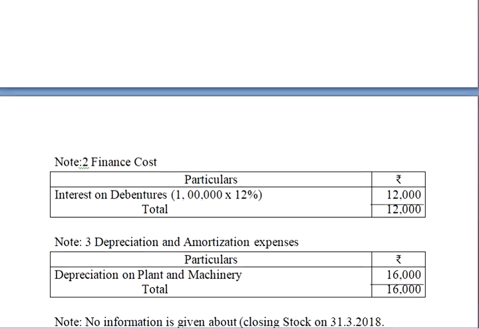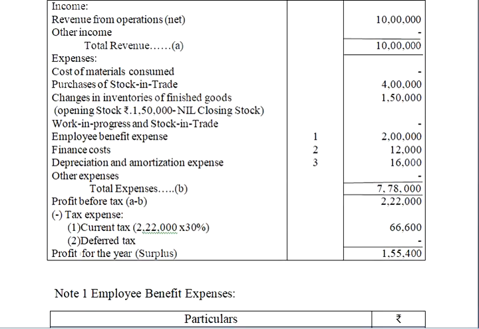That I have shown in a separate note. Note number 2, finance cost, interest on debentures, 1 lakh into 12%, you will be getting 12,000. So finance cost, note number 2, is 12,000.